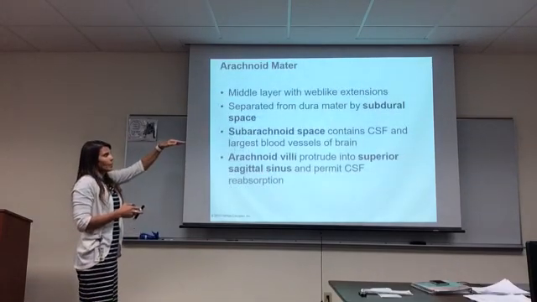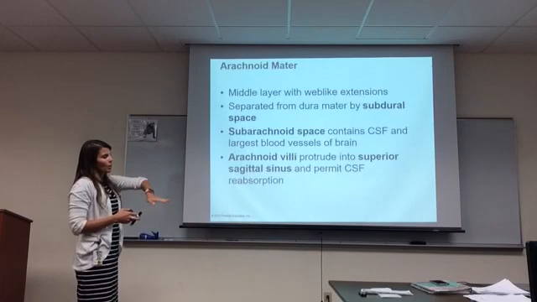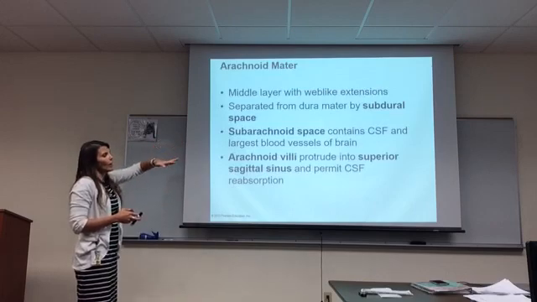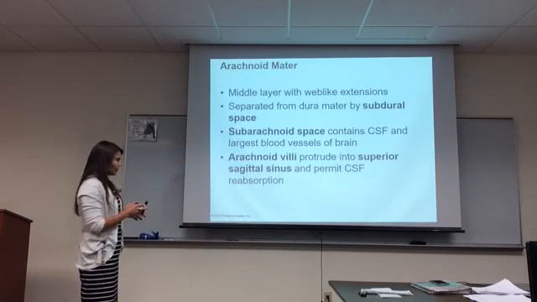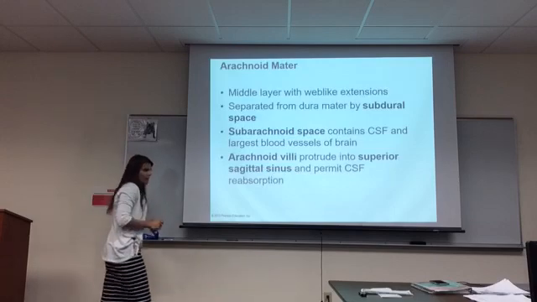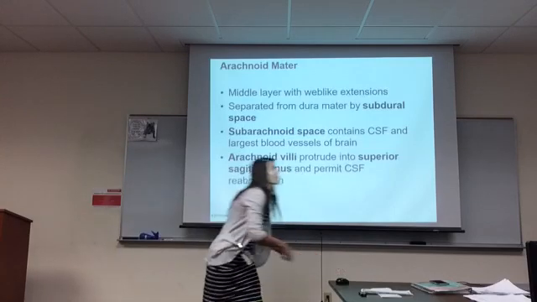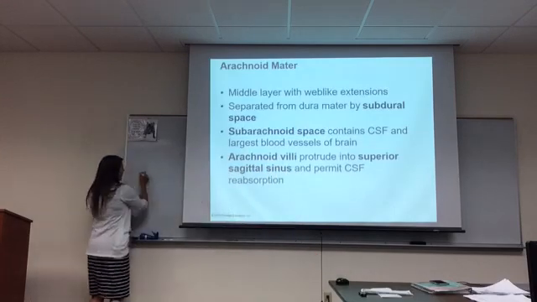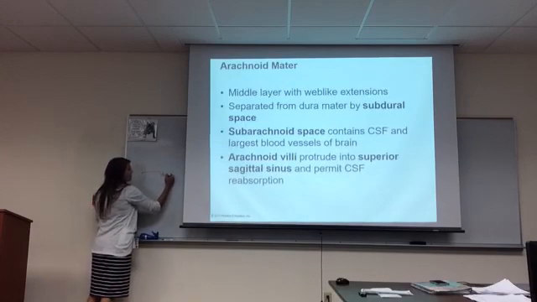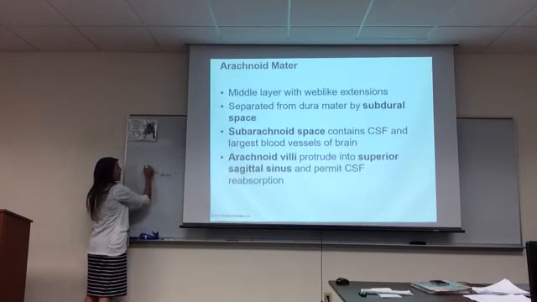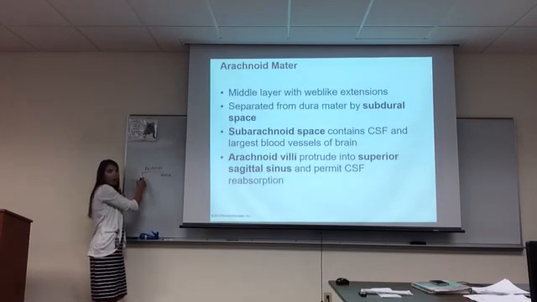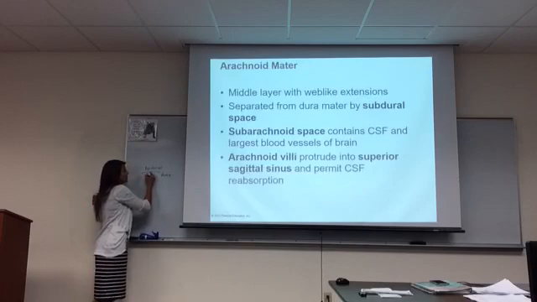So if we're going from superficial in, it goes Dura Mater, then arachnoid mater, then pia mater. So when we're labeling things, we have Dura Mater here. This is the epidural space, because epi means on top of. Underneath that is called subdural.